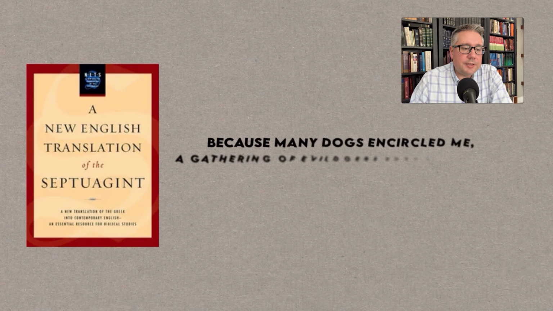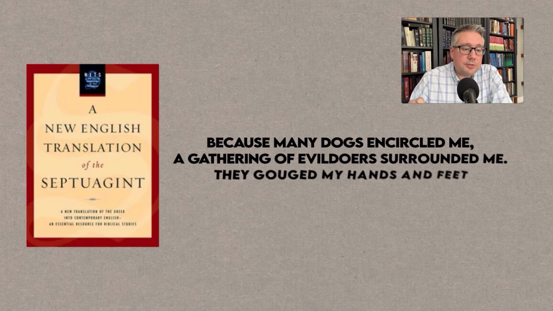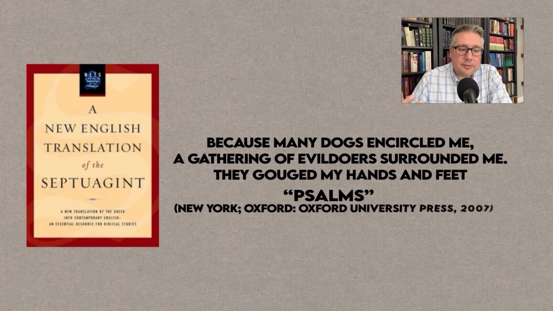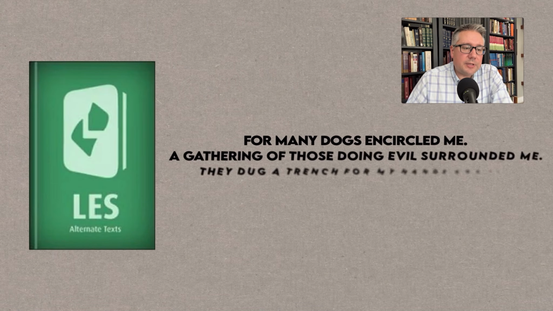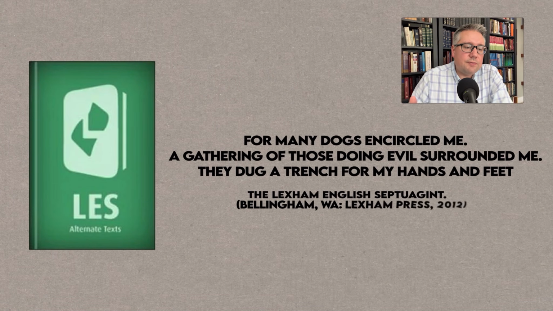One translation, the most recent translation of the Septuagint, the NETS translation, says this, "Because many dogs encircled me, a gathering of evildoers surrounded me, they gouged my hands and feet." However, the Lexham English translation that we've cited most often in this video says this, "For many dogs encircled me, a gathering of those doing evil surrounded me, they dug a trench for my hands and feet."